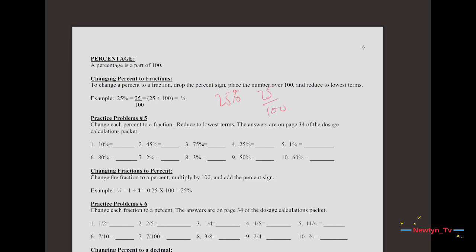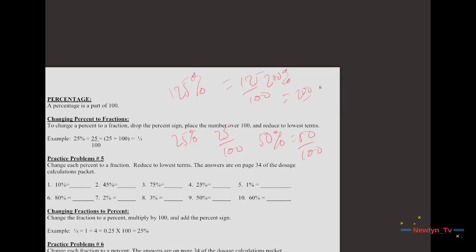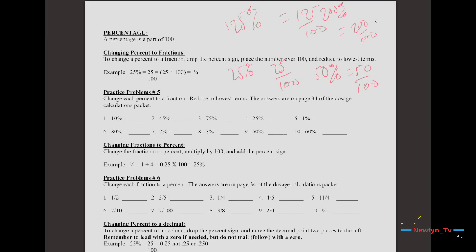Very simple. If you have 50%, this is 50 over 100. Even if you have 125%, it is 125 on 100. 200%, it is 200 on 100. As simple as that. That's what we are going to talk about.